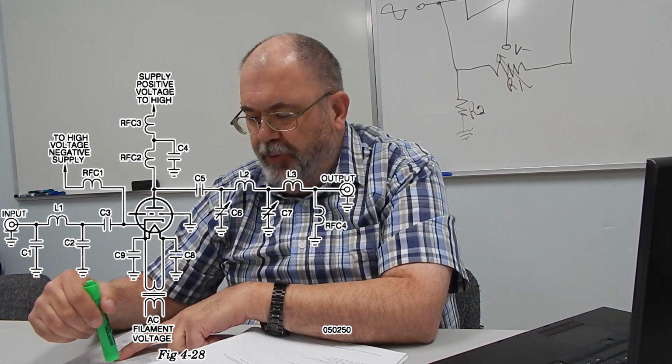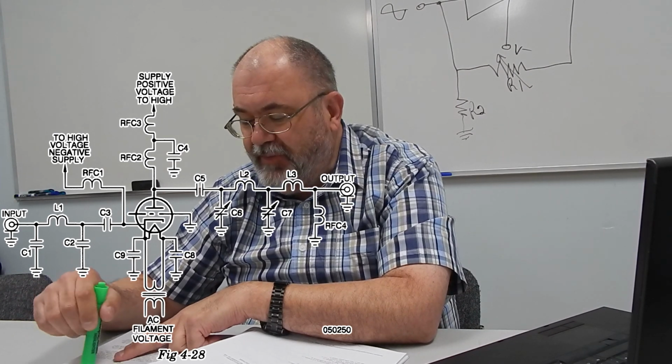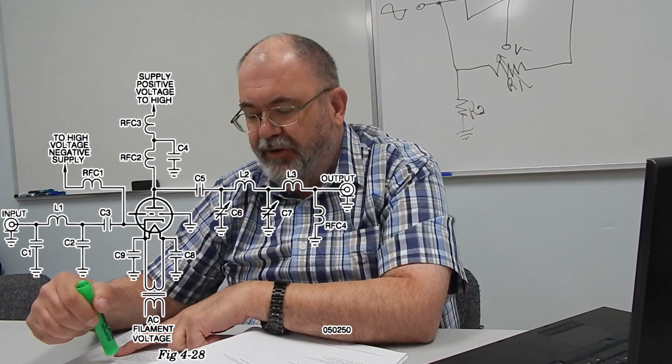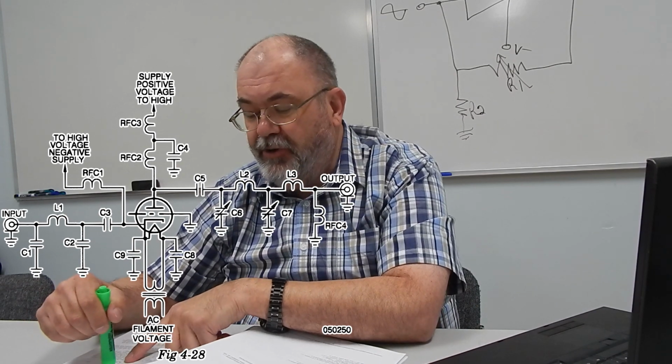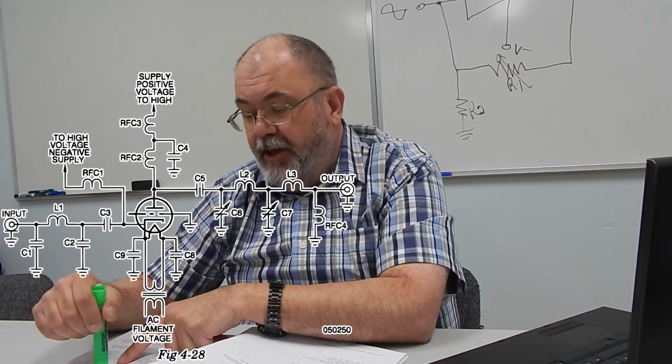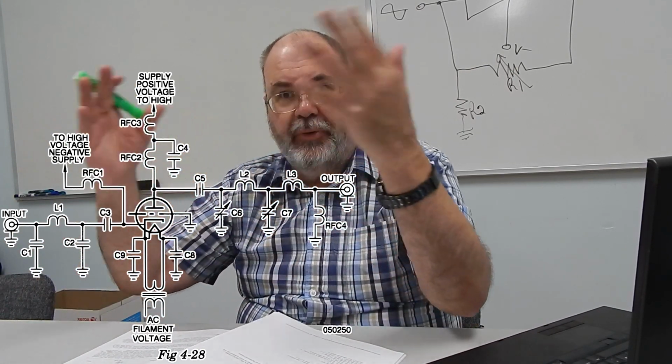And notice the cathode of the tube, the little filament, the little heater, the arrow pointing thing is down there, and you can see that it has actually a separate transformer, and it's fed by AC to heat up that heater. And remember, the only function of the heater is to heat up that cathode to make it hot so the electrons will boil off.